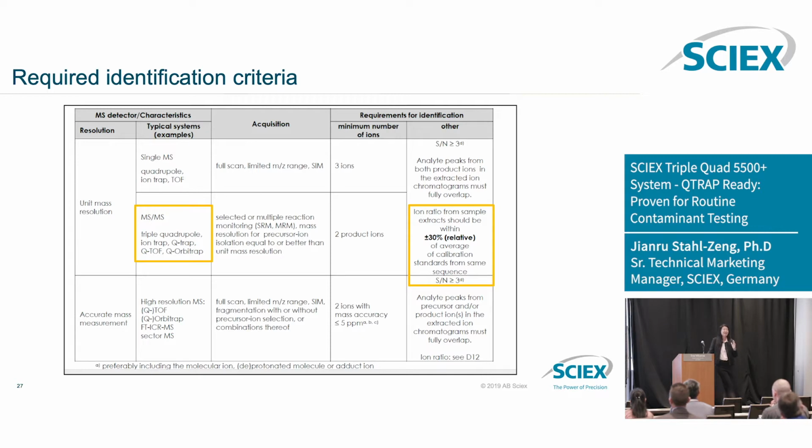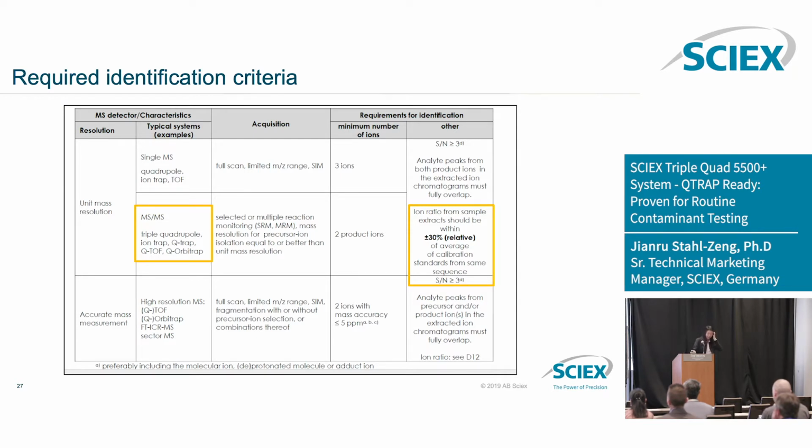And for some classes it is different, like Birgit mentioned before. If your ion ratio is weak, that means your second transition is very low, you can have a little bit bigger tolerance. If your 2 ions are very close, then you only have 10 or 20%. For some of them, that generally is 30%. So that means for any unknown, you have to look at your ion ratio.